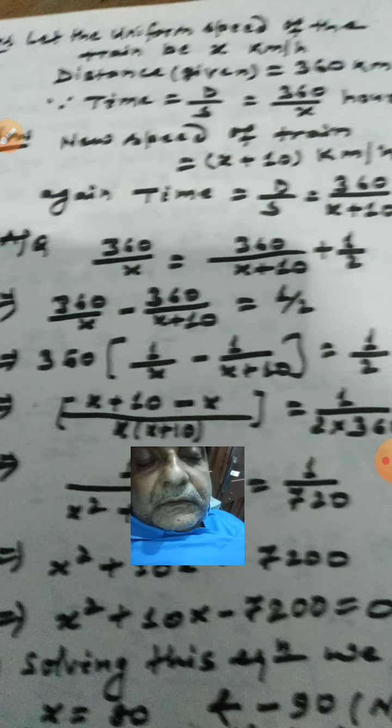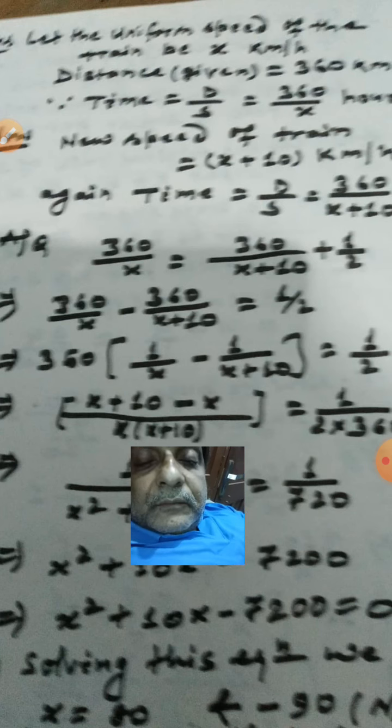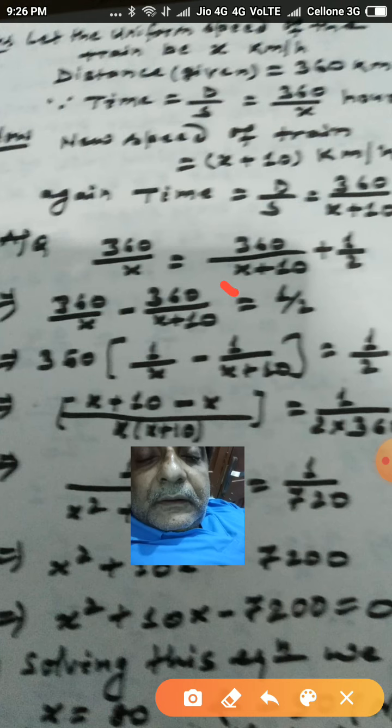Now you just give stress to think in which case 1 hour less time is being taken by the train. So when the speed of the train has been increased, it means the time on the right hand side is the time when speed is increased by 10 km per hour.